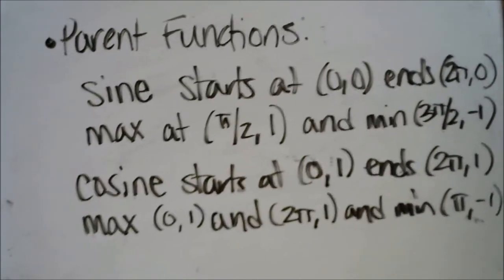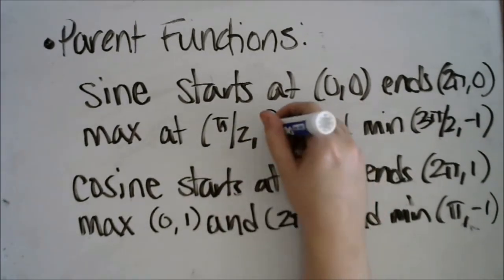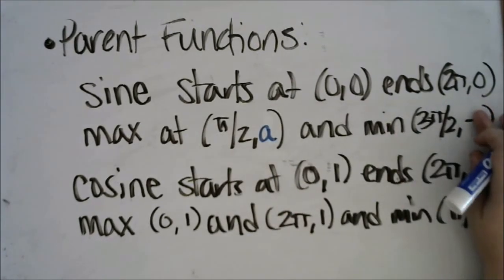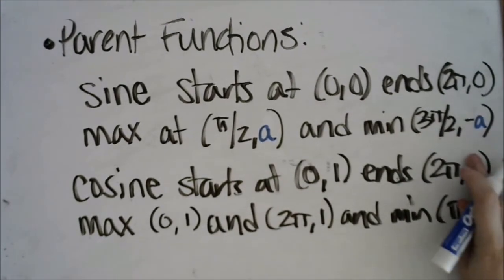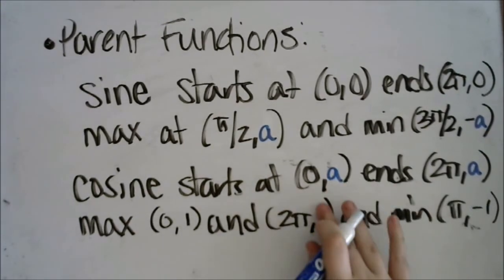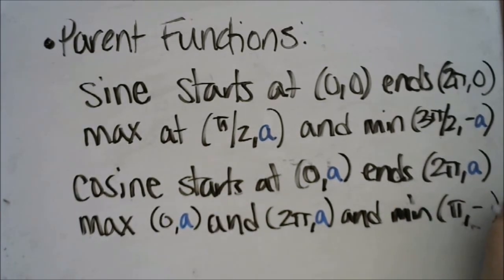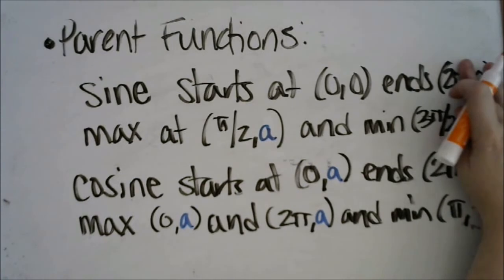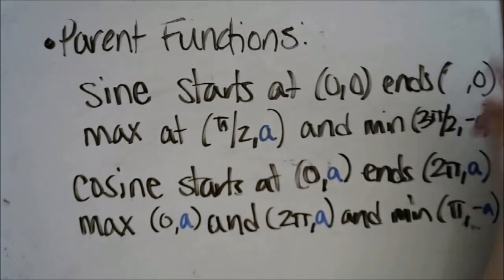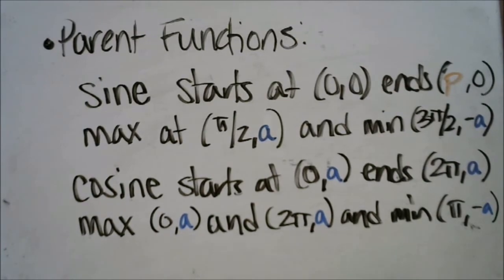Instead of 1, use the amplitude. Instead of saying 2 pi, think instead of the period, whatever the period may be.